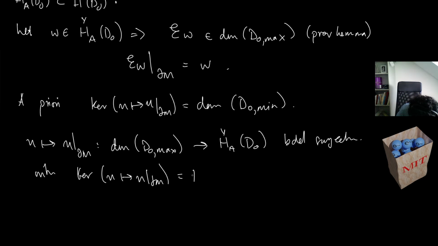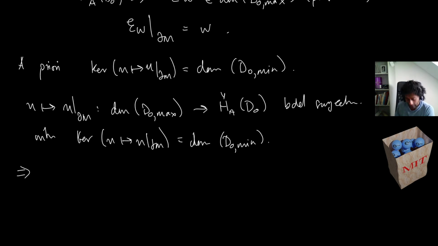So that means that H check A of D naught is isomorphic, but in particular it's equal, right? So it's equal to this H check space with comparable norms.